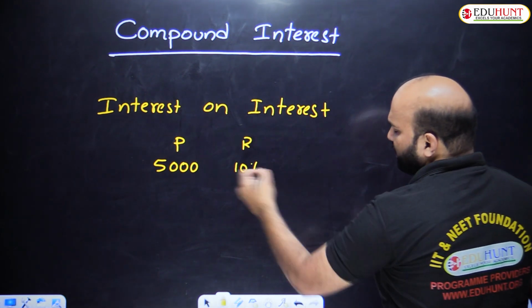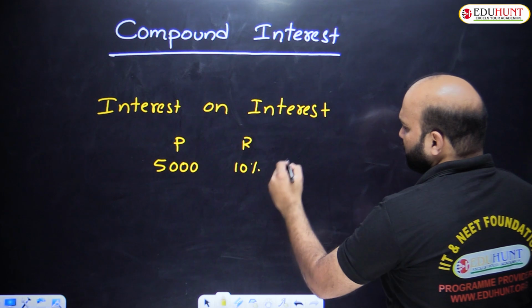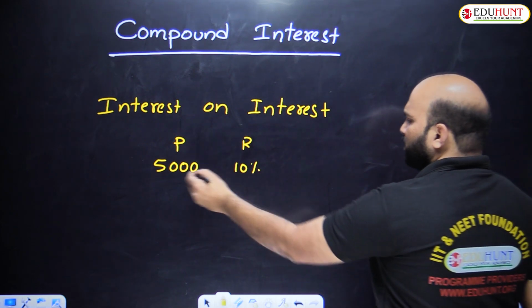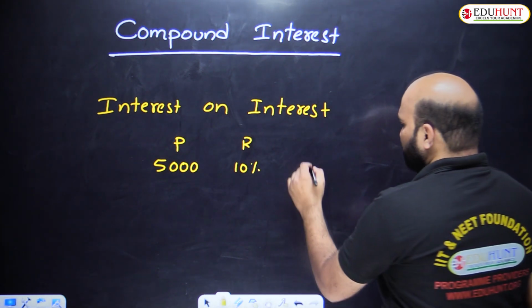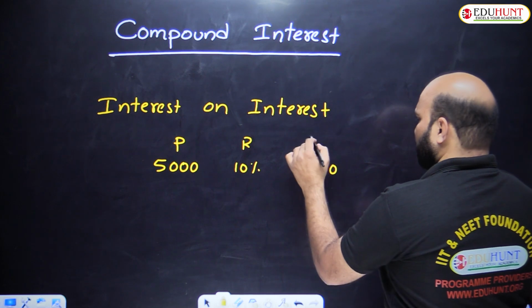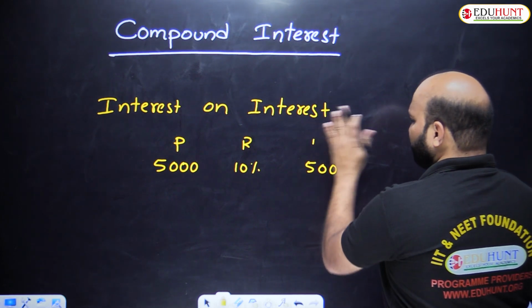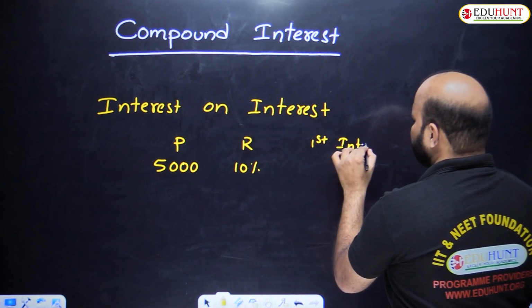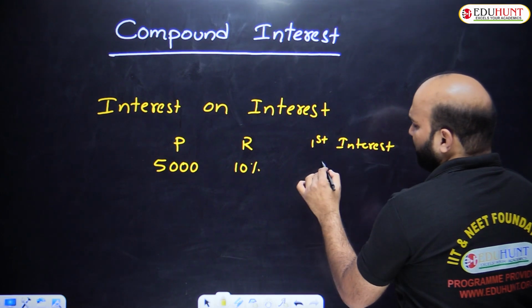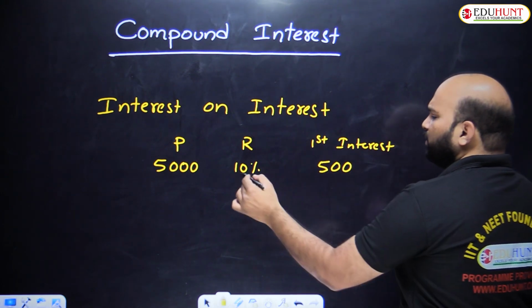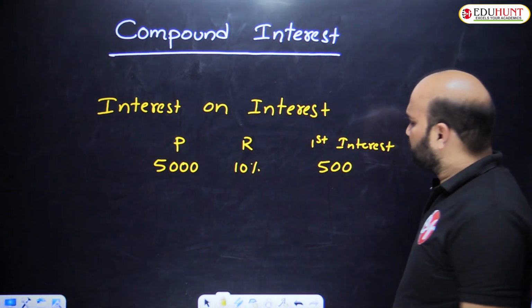Annually, according to simple interest, the annual interest is 500. What is 10% of 5,000? 500. So this is the first year interest. Am I clear? First year interest is 500 rupees.